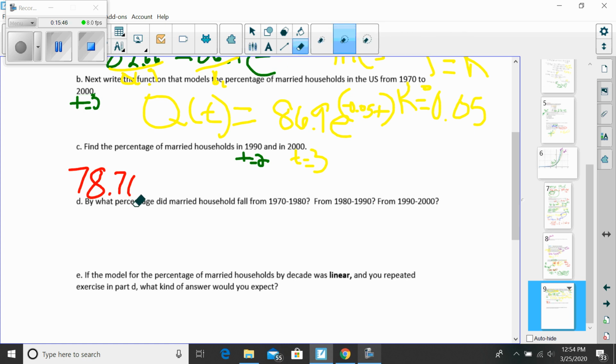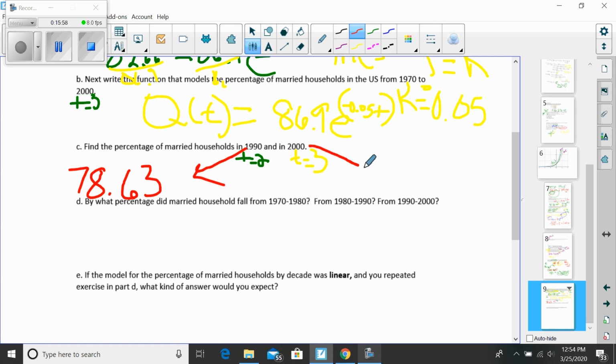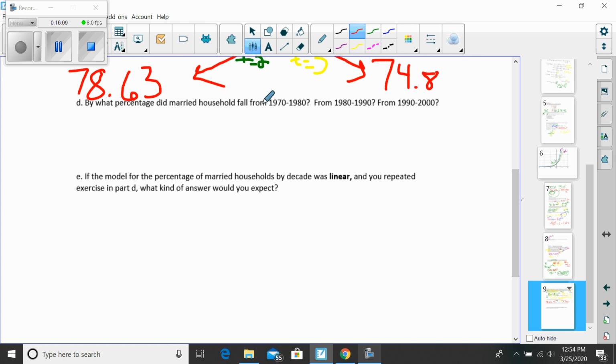Oops. Why am I not using text box? I don't know.